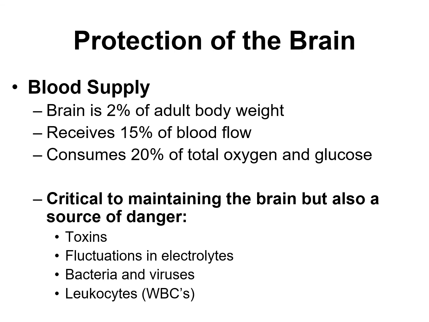At the same time, it can also be a source of danger because anything that makes it into the blood could potentially make it to your brain. So toxins from contaminated food, fluctuations in electrolyte levels due to eating food that is high in a particular electrolyte, bacteria and viruses that make it into the blood, again, due to injury or perhaps contaminated food, and white blood cells, which, while fighting and destroying microorganisms that make it into the body, can also cause damage to tissues.